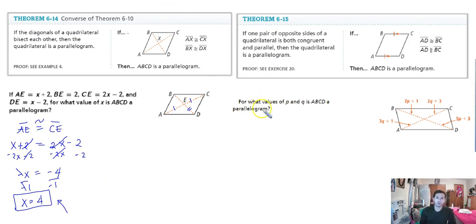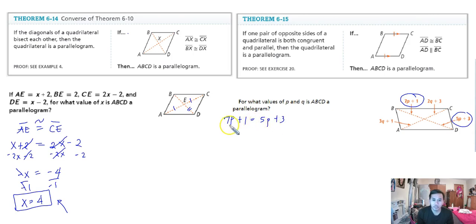Now in this another example, for what value of P and Q is ABCD a parallelogram? What will be the value of P and Q so that this quadrilateral ABCD will be considered a parallelogram? So I'm going to get 7P plus 1 is equal to 5P plus 3.